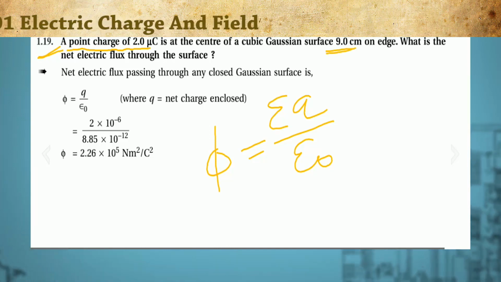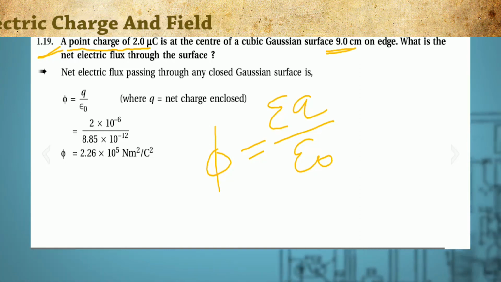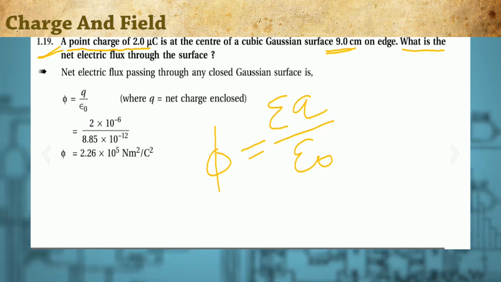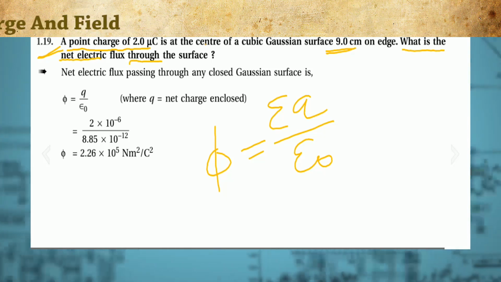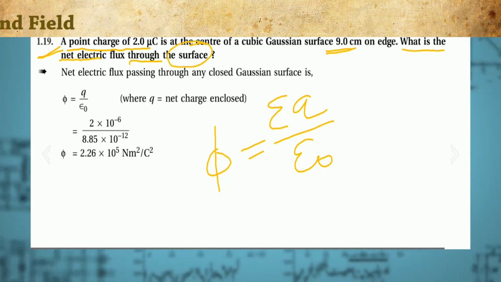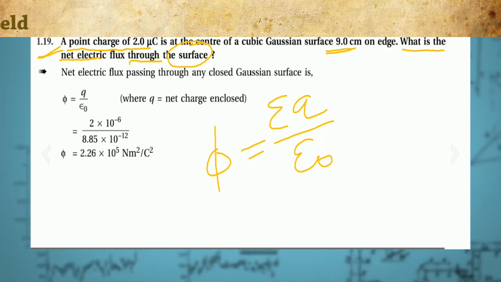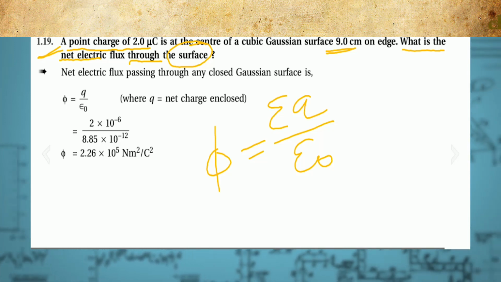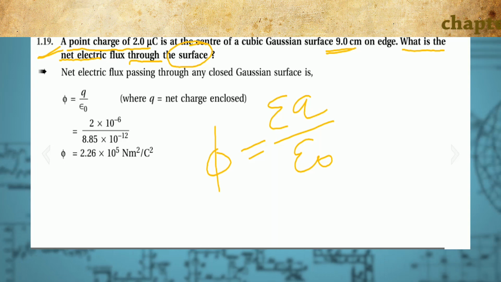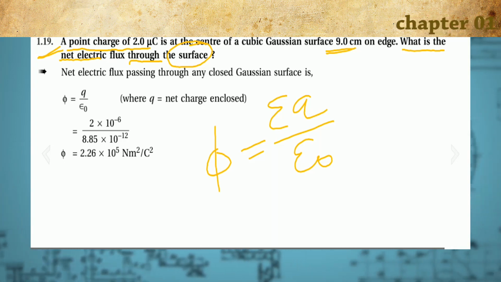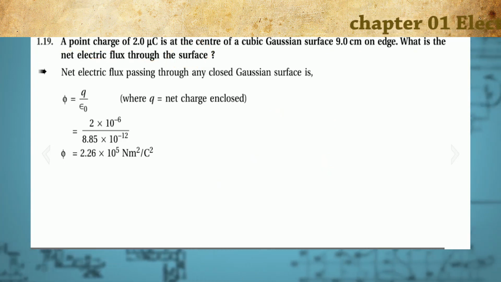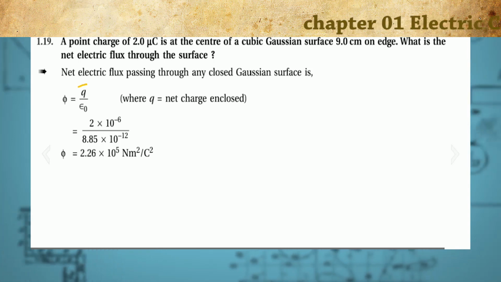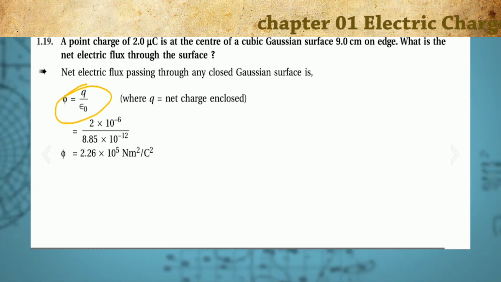It doesn't matter what the size is, and we want to calculate the net flux through the surface, which means from each surface. Then phi is equal to sigma q by epsilon 0.